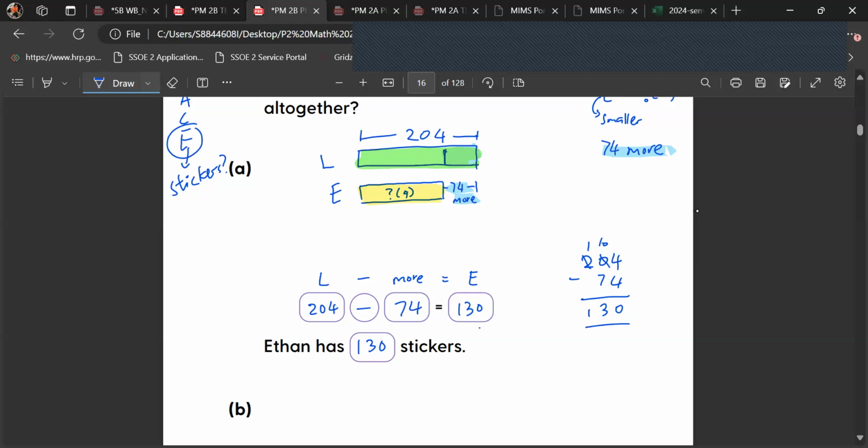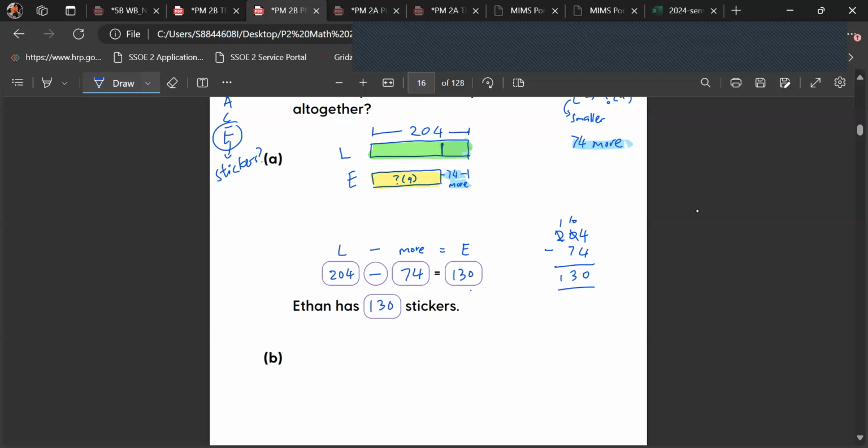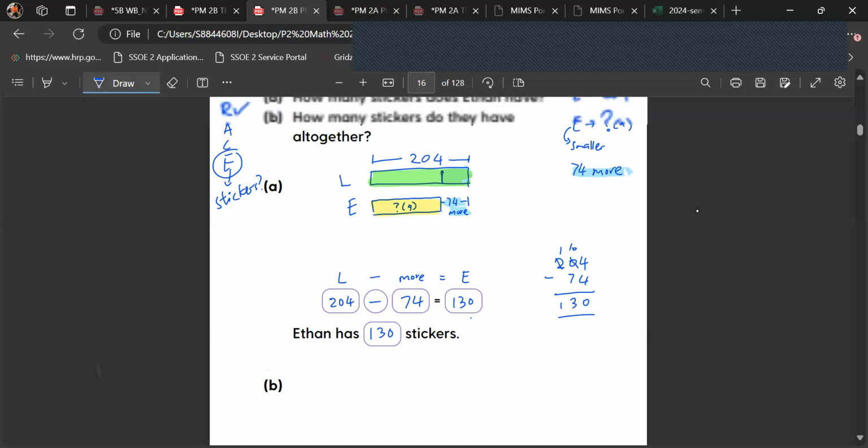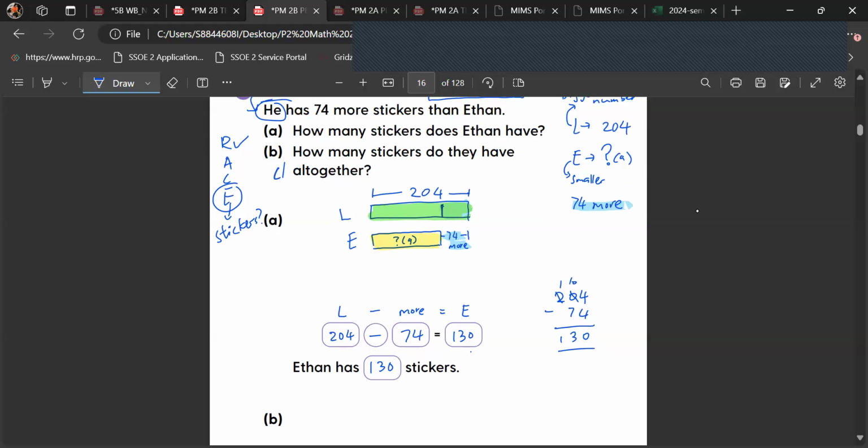Okay? So on the next part of the question, you realize it's asking for altogether. So this is B's question, altogether. And this is A's question for Ethan. So for part B, it asks for altogether.